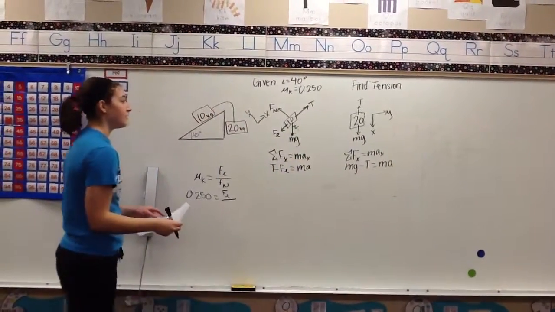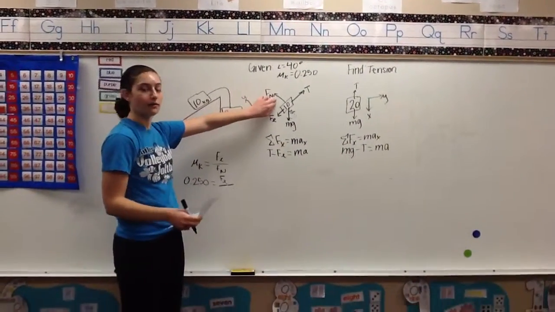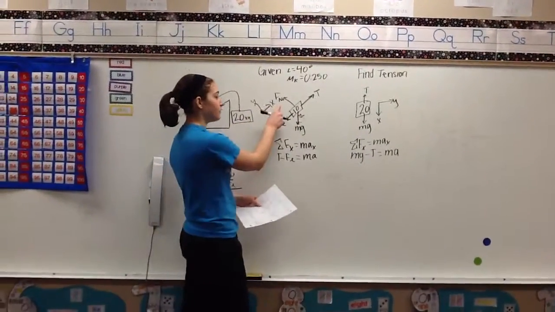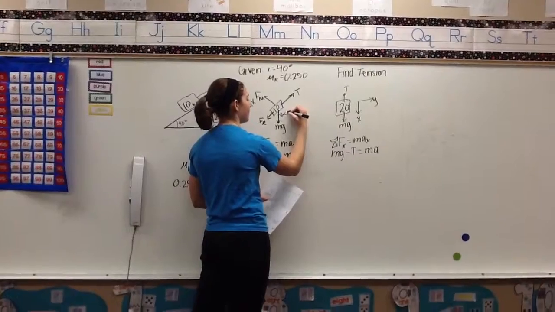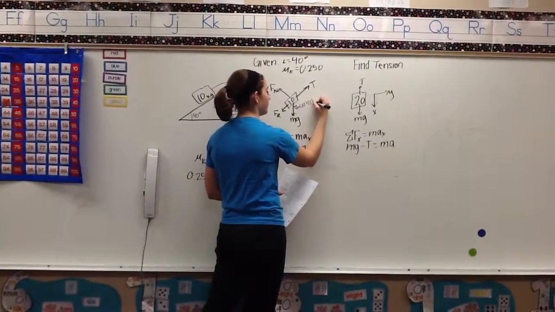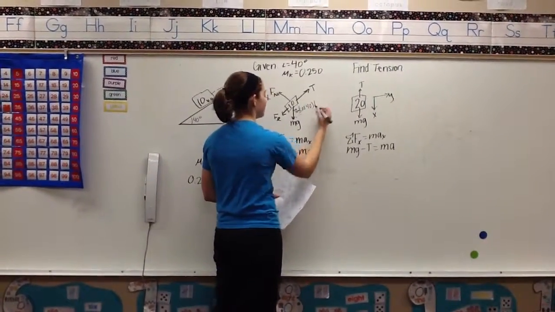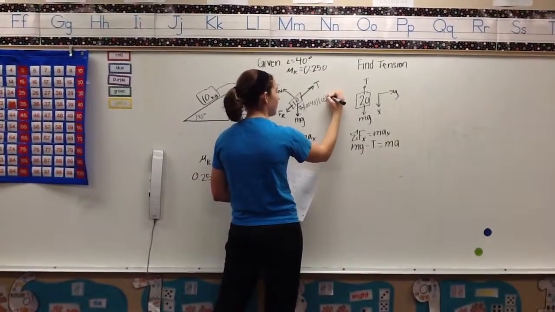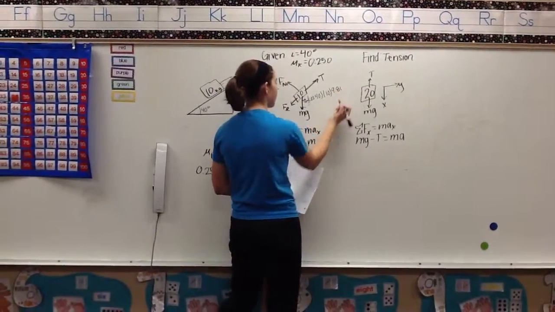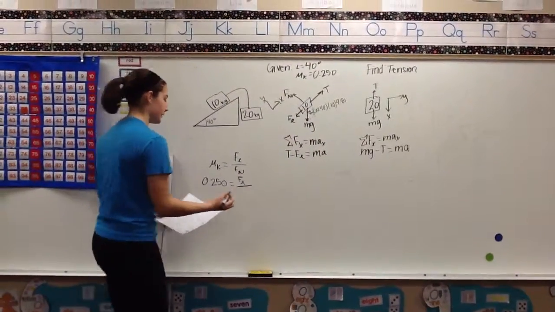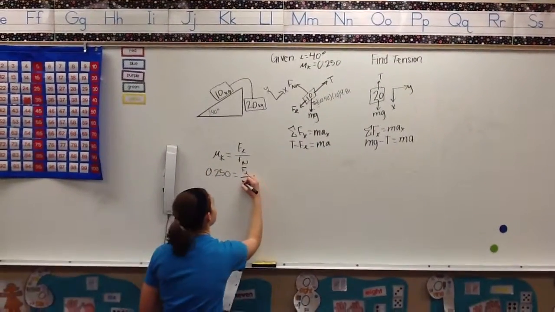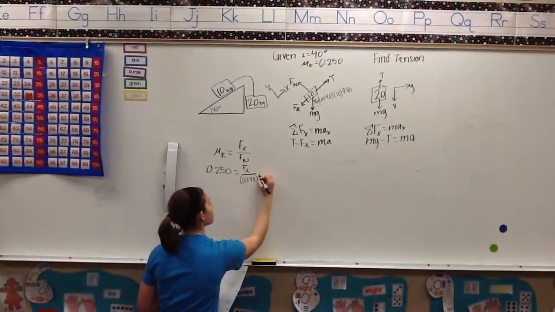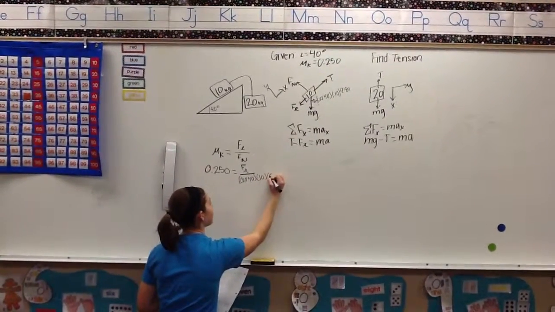So you know that the normal force is always counteracting the weight. So for this one, the normal force is cosine of 40 degrees times the mass times gravity, so cosine of 40 times 10 times 9.81.